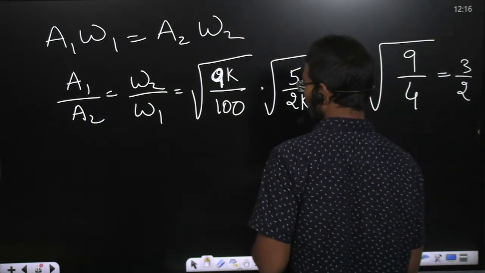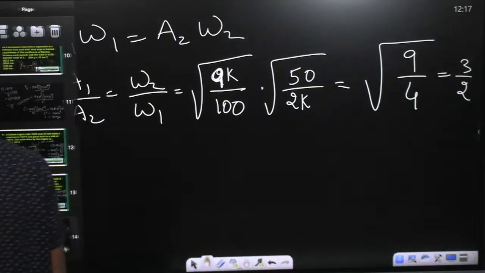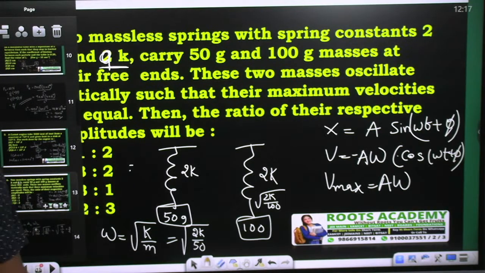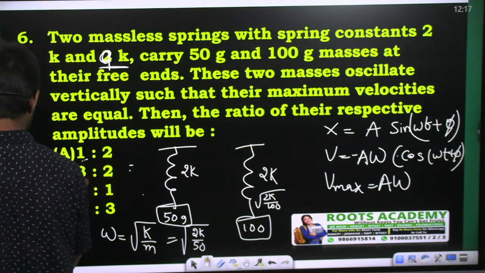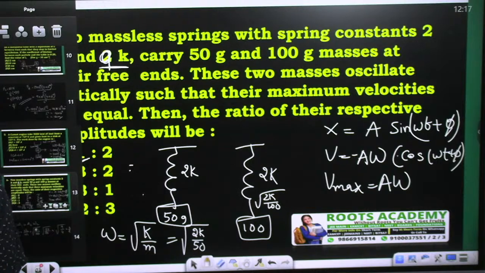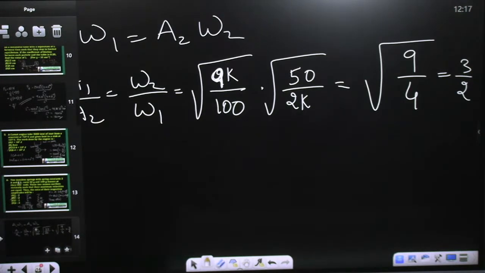So option B. While converting, I think it has gone wrong somewhere. So it is 3 by 2. So we got 3 by 2.